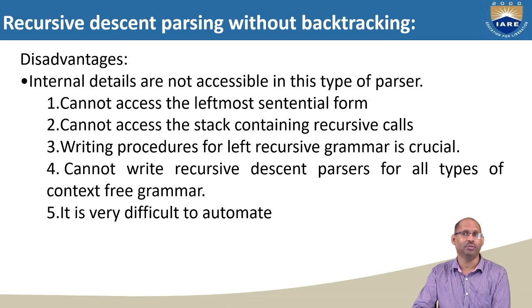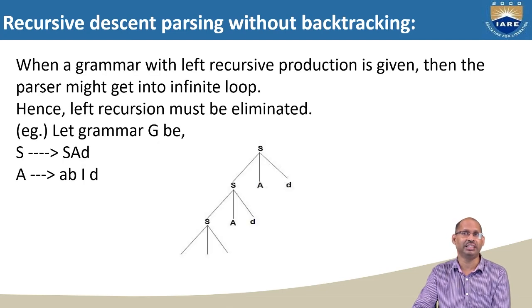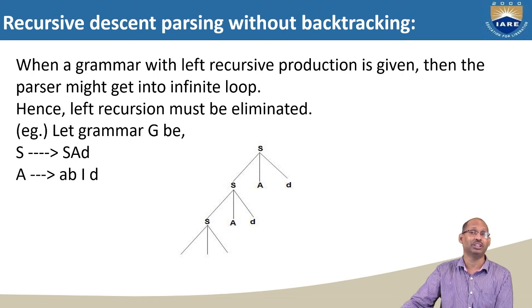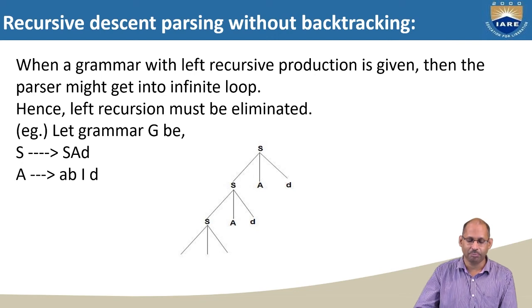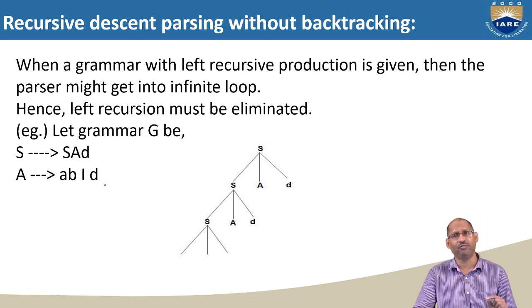And one more thing, if it has left recursion, it must be eliminated. So to apply the top-down parsing method, if there is any left recursion, it must be eliminated. If the left recursion exists, it goes to infinity. For example, here S gives SAD, A gives AB slash T. Here first we select the first production.